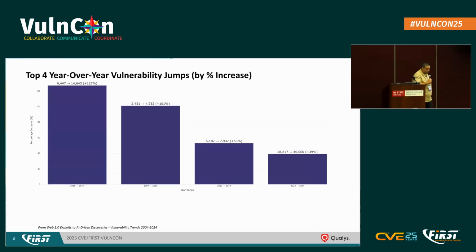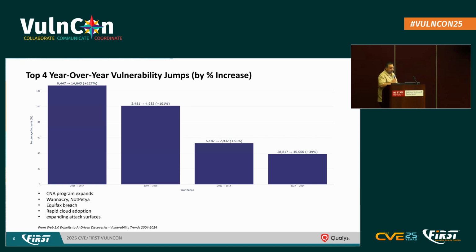And in this chart, we are showing that last year's surge, which was a lot already, wasn't even top 10 in the past 20 years. And we had years that were way higher. As you can see, back in 2016, 2017, because of the expansion of the CNA program, all the research organizations and different vendors were able to assign CVEs.